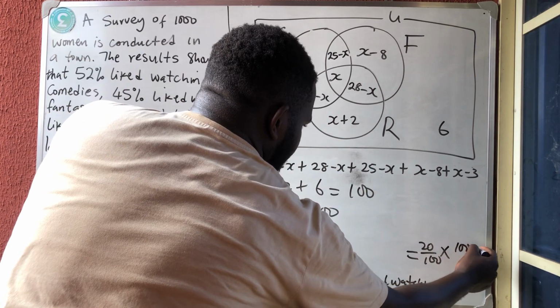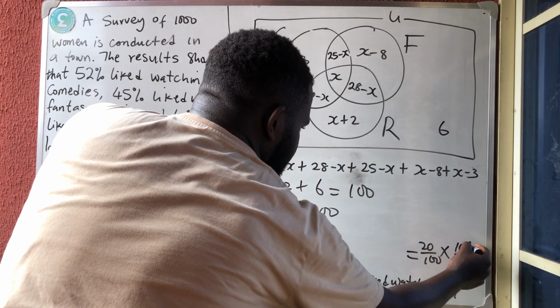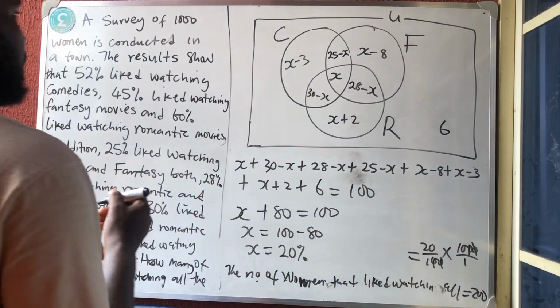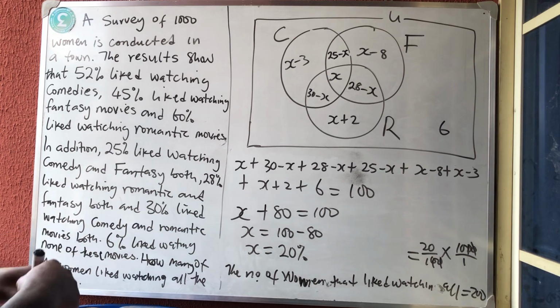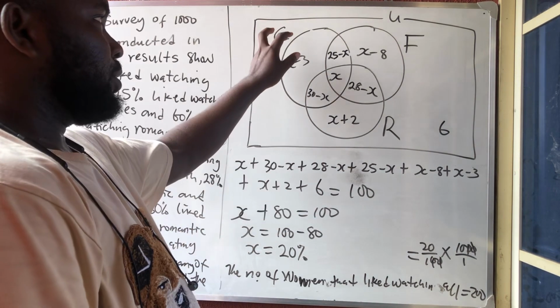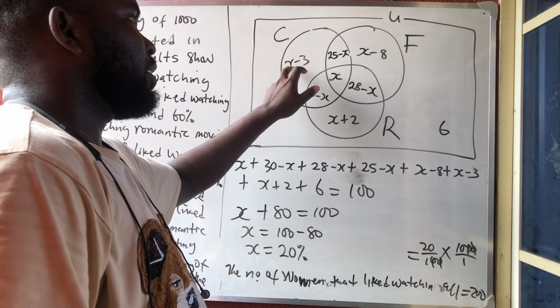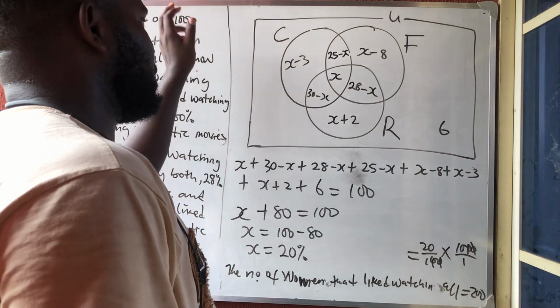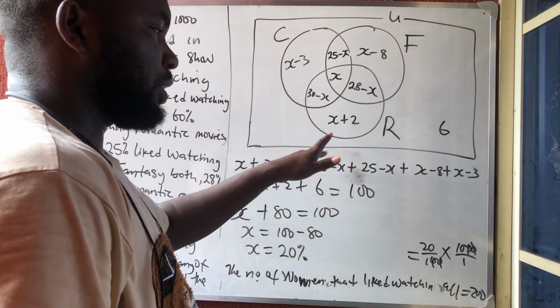So 20% of that 1,000. This cancel this cancel this. So I'm having what? 200 women. So 200 women like watching all of them. So if they ask you how many women like watching only comedy, you come here and say 20 minus 3, which is what? 17. You now do 17% of this, you get your answer, and so on and so forth.